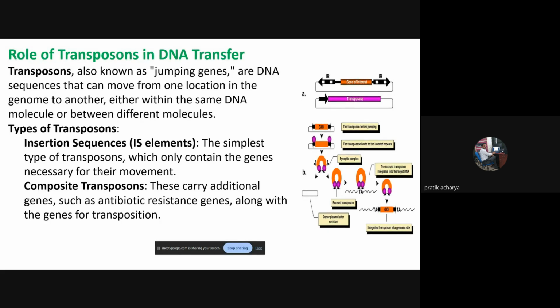Once the location is changed, that leads to the formation of a new segment, which means a complete change in the genetic makeup. Complete change in genetic makeup means whatever functions were performed by the old gene are modified. That is the role of the transposons.